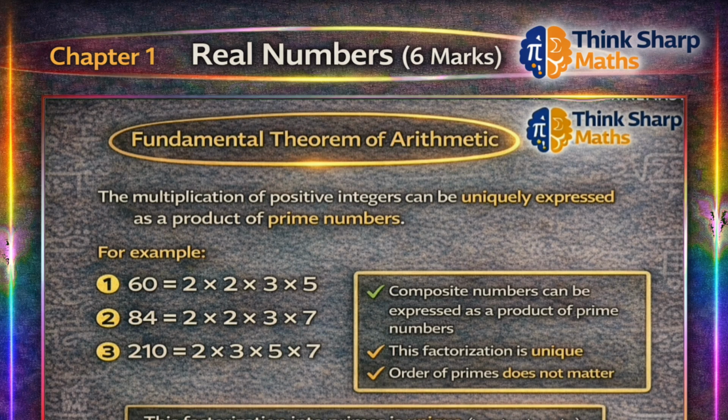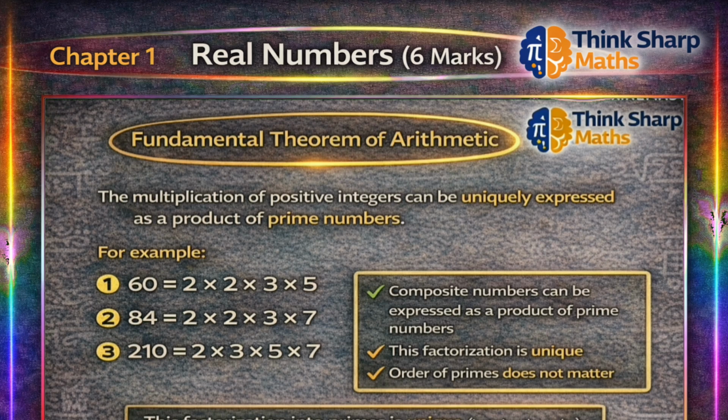We will quickly see the fundamental theorem of arithmetic, what actually you should know before starting this chapter. The multiplication of positive integers can be uniquely expressed as the product of prime numbers, right? You can write 60 in the form of a product of prime numbers like 2 into 2 into 3 into 5. Always remember the factorization into prime numbers is unique, ignoring the order. Means you can write it like 5 into 3 into 2 into 2 also.